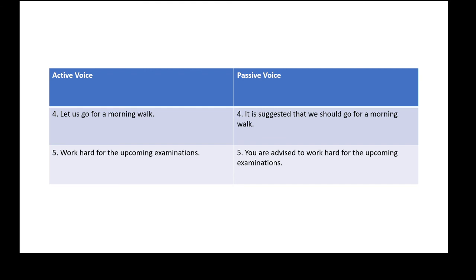And the second variety, that is, the imperative sentence beginning with "let," or an imperative sentence having some expressions such as advice, suggestion or order, etc. If the sentence is imperative beginning with a verb, while transforming it into passive, we have to follow the structure: let plus object plus be plus past participle of the verb.